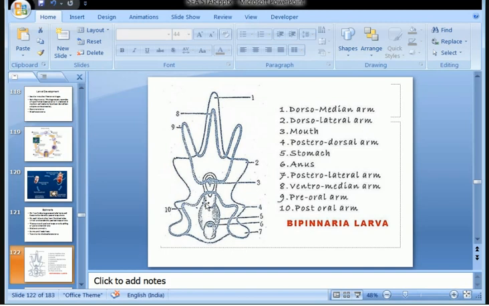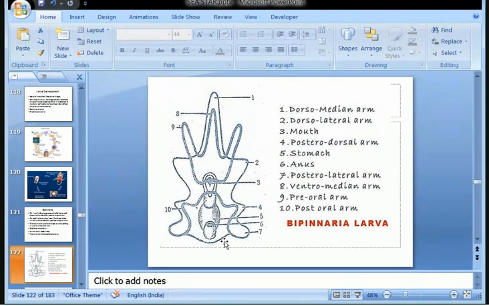So the mouth must be located somewhere here, right? So the mouth is located at 3 points. So mouth and preoral and mouth and postoral, right? So these preoral and postoral bands, and we have then dorsal median, ventral median, and lateral, dorsolateral, ventrolateral, and so on. So depending on the location, they are named.